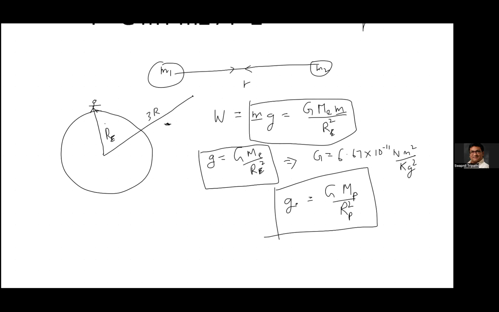Then to calculate the gravity over there, which we call g prime, you would do G Me over 3 times the radius of Earth squared. So you can plug in the numbers and find the gravity over there.